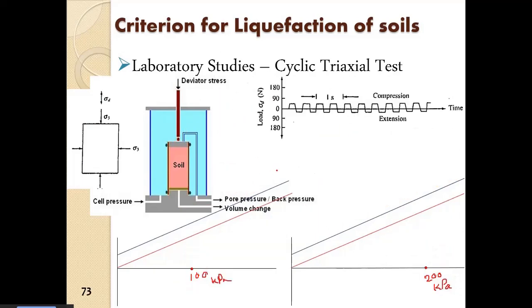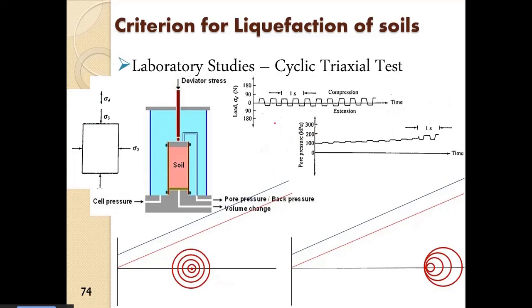Now we will apply dynamic load. So now you can see here within 1 second, two increments of load are already applied. All right, this test was done by Seed and Lee in 1966, and the frequency of the dynamic deviatoric stress which was applied was 2 hertz.